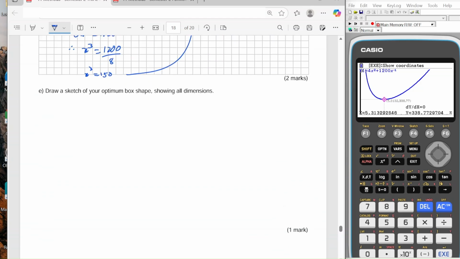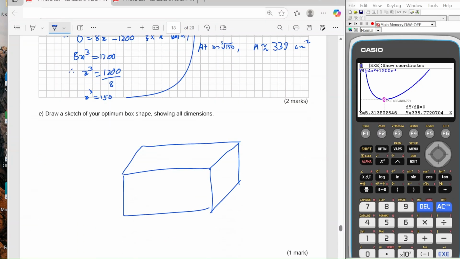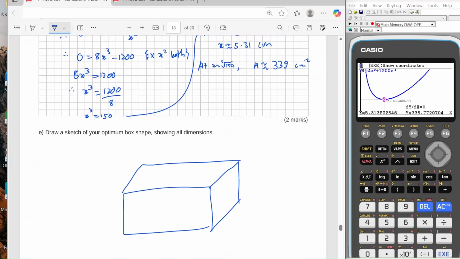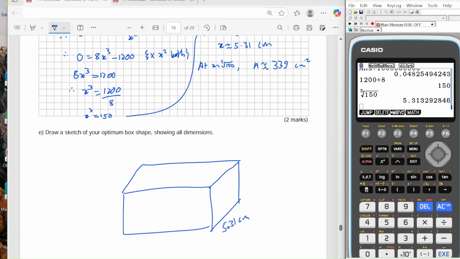Draw a sketch of the optimum shapes. So now that we know that x is that, on the right, it was just x. So that would be 5.31 centimeters. Coming across here, the answer times by 2 is 10.6.